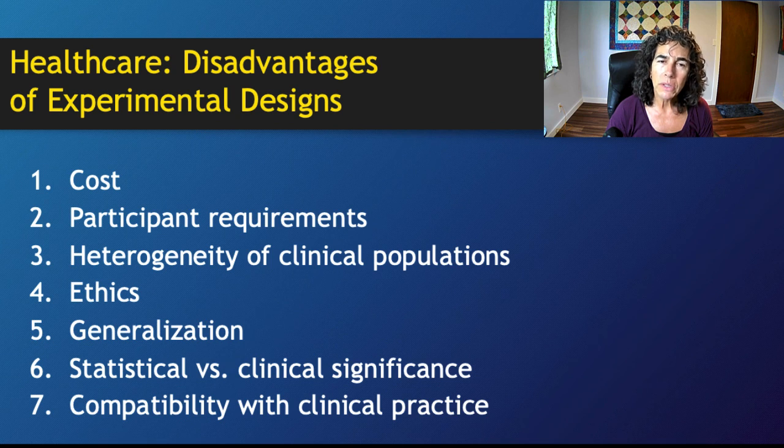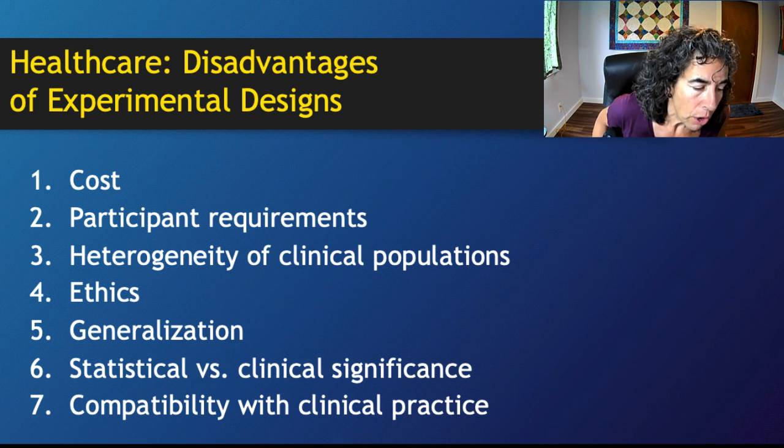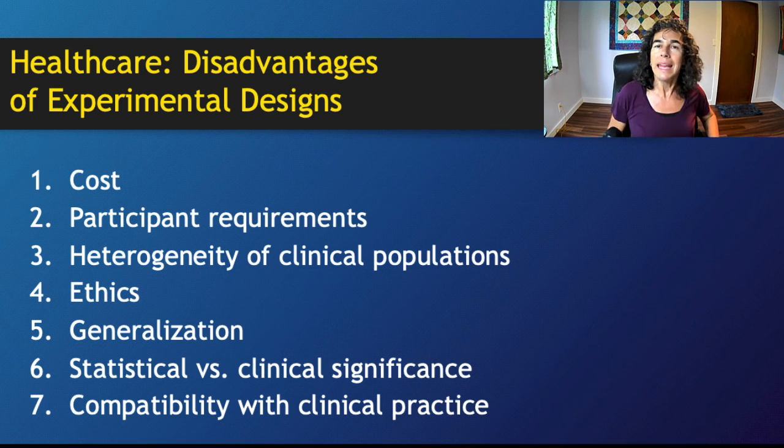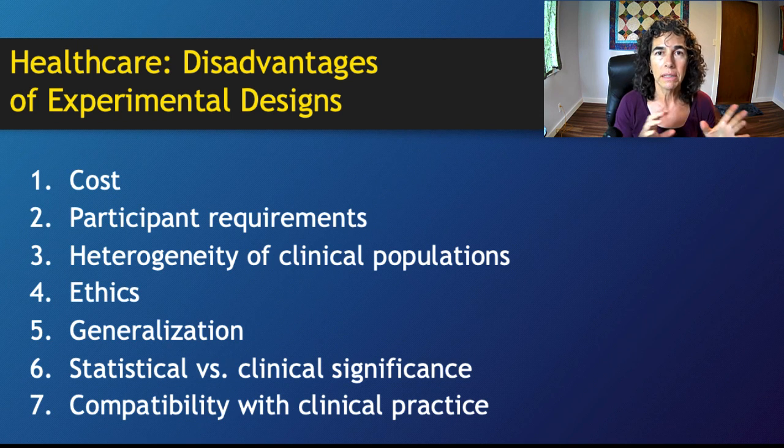Also, and this one is particularly important for OTs, heterogeneity of clinical populations. And what that means is that, for example, I'm in pediatric practice, right? So I could do a study on kids with autism. But what we know about kids with autism is that they all look different, and they all have different constellations of signs and symptoms and behaviors.